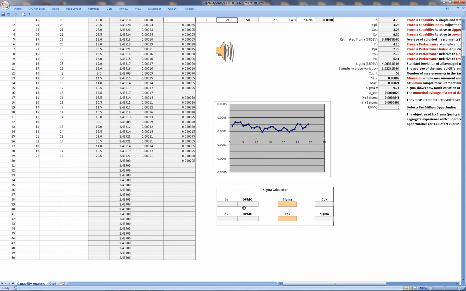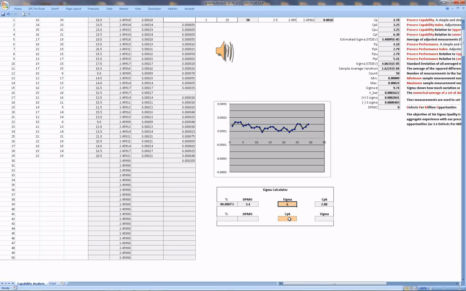I have input a Sigma calculator located below the chart for determining the defects per million opportunities, or DPMO, along with the calculated percent per million and the CPK and Sigma. You can enter the Sigma number, such as, say, 6, which would be ideal, and it will show you the CPK, which in this case would be 2, that the DPMO, meaning the defects per million opportunities, would be 3.4, and the percent good would be 99.97.